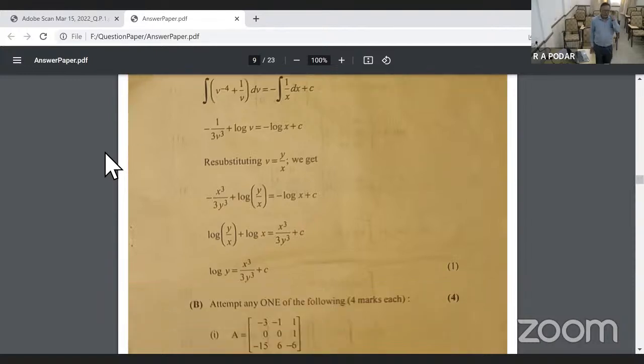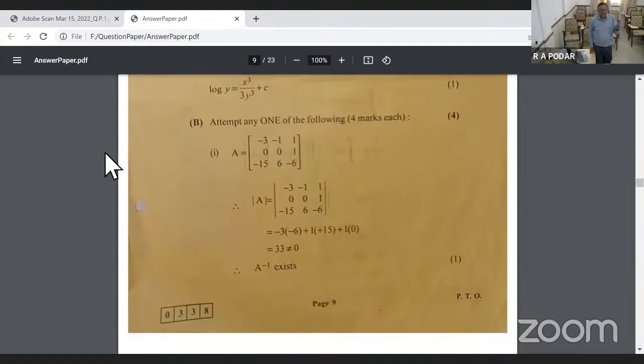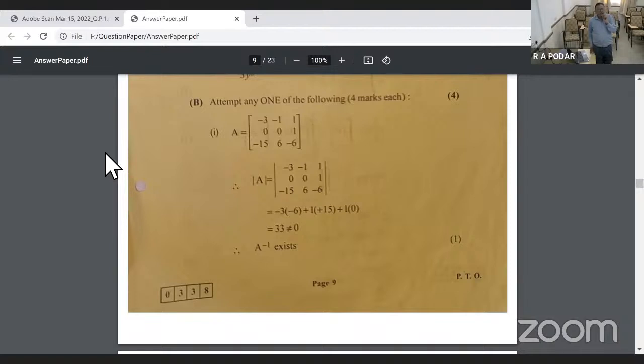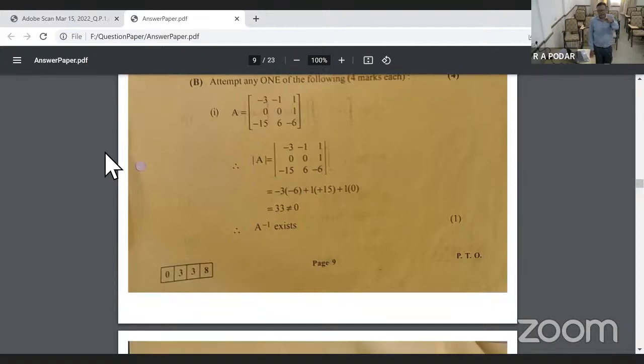Okay. So B part we will see. Attempt any one of the following. So here they have given a matrix of order 3. Madam has told you that for matrix notation, square brackets are there, rectangular or square brackets you can say. But for a determinant there are single vertical bars that you can see. So these are the notations for matrix and determinant. So first find the determinant.